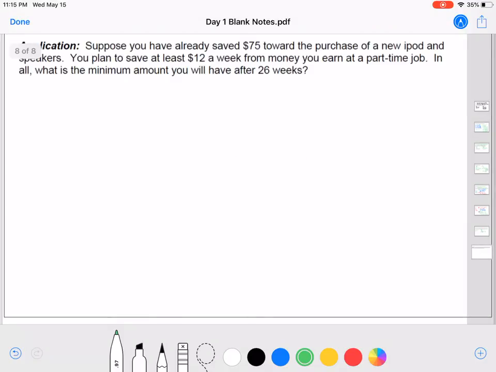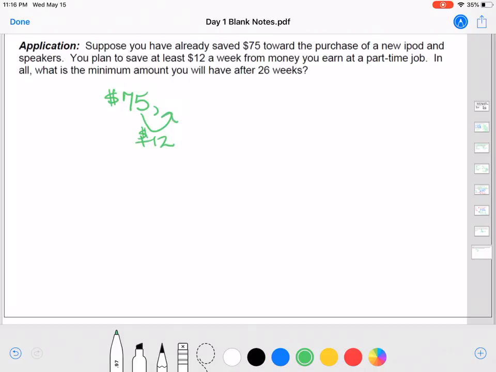And to finish up, suppose you already have $75 saved towards your purchase of a new iPod and speakers. You plan to save at least $12 a week from the money you earned at a part-time job. In all, what is the minimum amount you will have after 26 weeks? So we can model this with a sequence. We start off with $75. And then after 1 week, we are going to have at least $12 more.